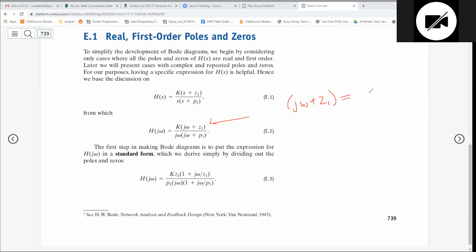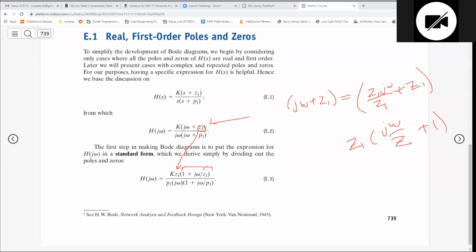So as a trick, we're going to multiply Z1 times JW divided by Z1 plus Z1. Okay. We could take a Z1 out and we're going to have a Z1 times 1 plus JW over Z1. So that's the operation we're going to do, where all your Z1s right here get pulled out, and then the JW plus Z1 gets replaced with 1 plus JW over Z1.